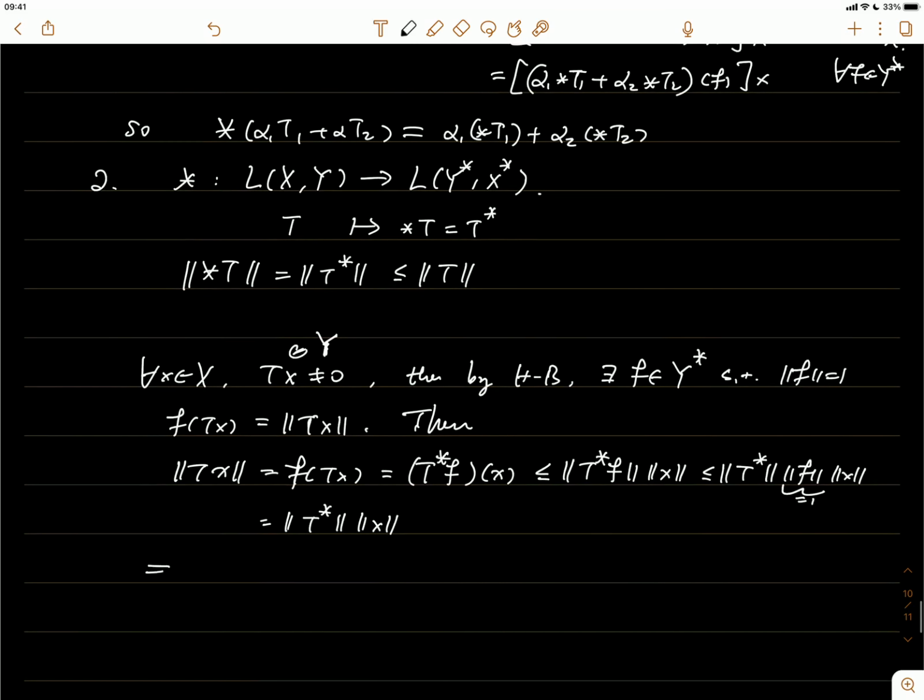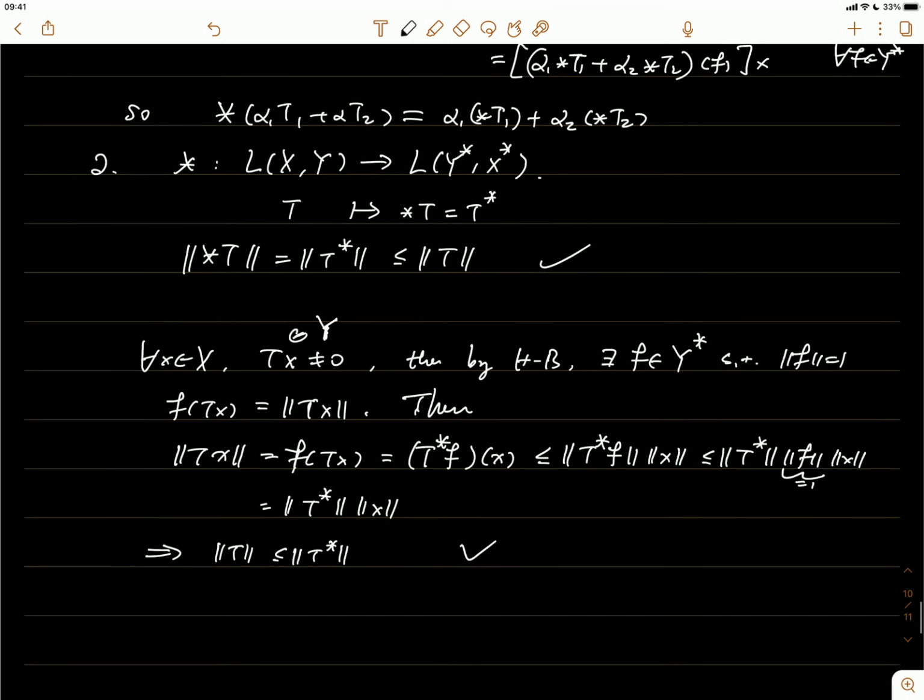And this also means that the norm of T is bounded above by the norm of the adjoint operator. And combining with the thing we have here, the two together mean that the norm of T is equal to the norm of T star, and that is just that. Okay?